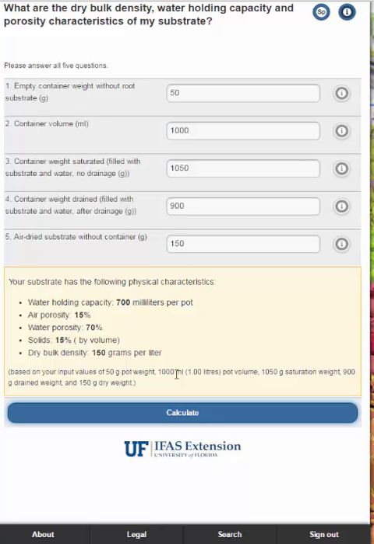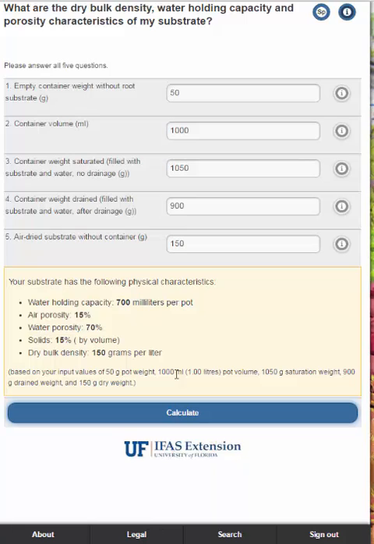We found that when we opened up the drain holes, 150 milliliters of water drained out. The weight went from 1050 down to 900. That gives us 150 mils, which is 15% of the 1000 mils volume. The water porosity is 70%. That's 700 milliliters divided by the volume of the container, 1000 mils.